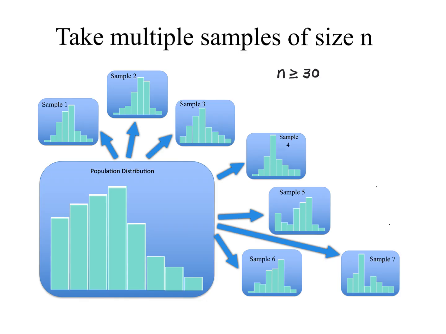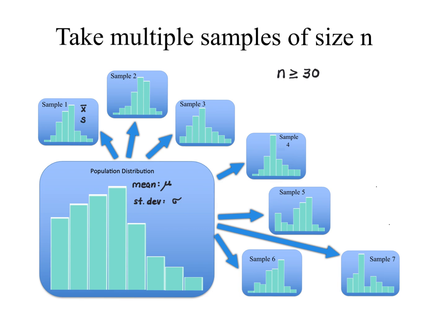Now our population has a mean or average, which we call mu, and a standard deviation, which we call sigma. And each one of our samples also has a mean, which we call x bar, and a standard deviation, which we call s.